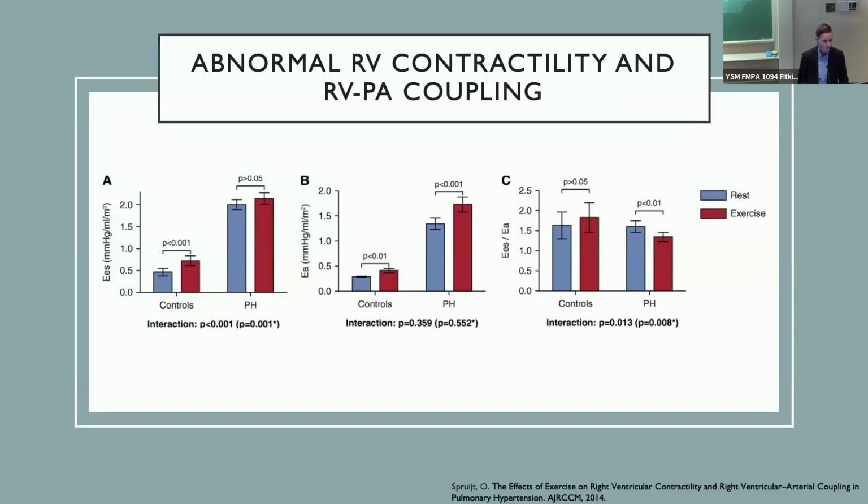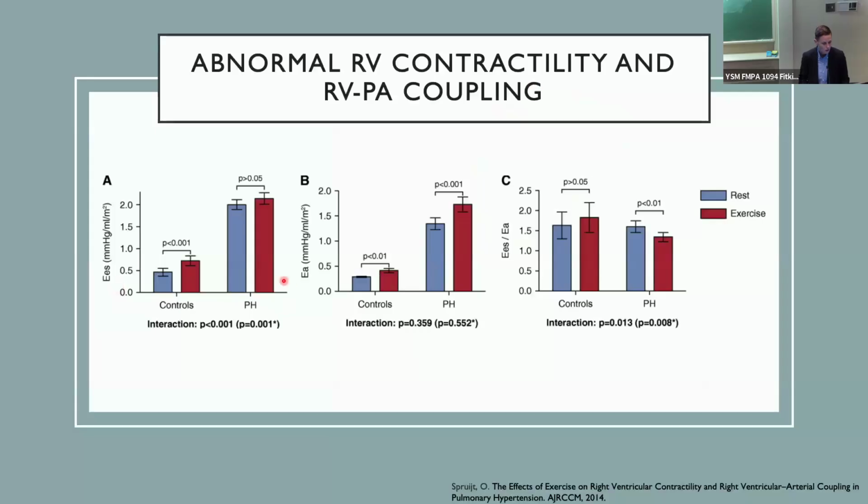Patients with PH also have abnormal right ventricle contractility and abnormal RV to PA coupling. So I want to spend a little bit of time on this slide. This shows some results from invasive cardiopulmonary exercise testing and the impact of exercise on RV contractility and coupling in patients with pulmonary hypertension.